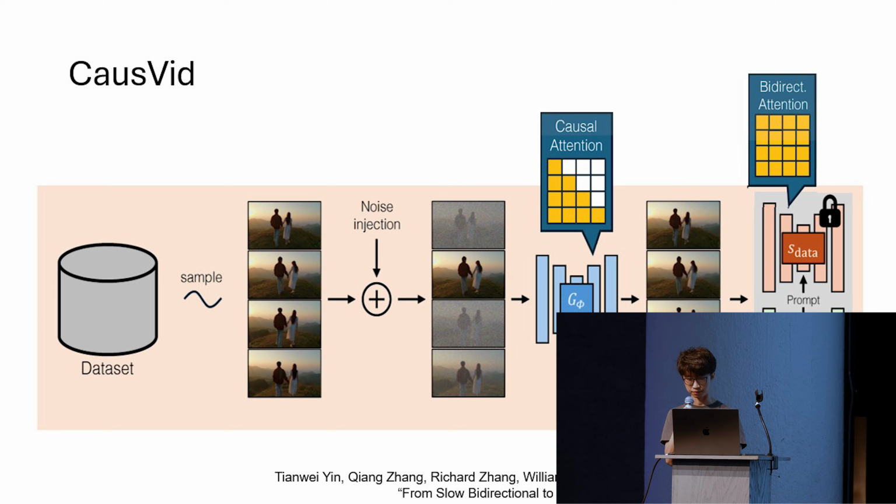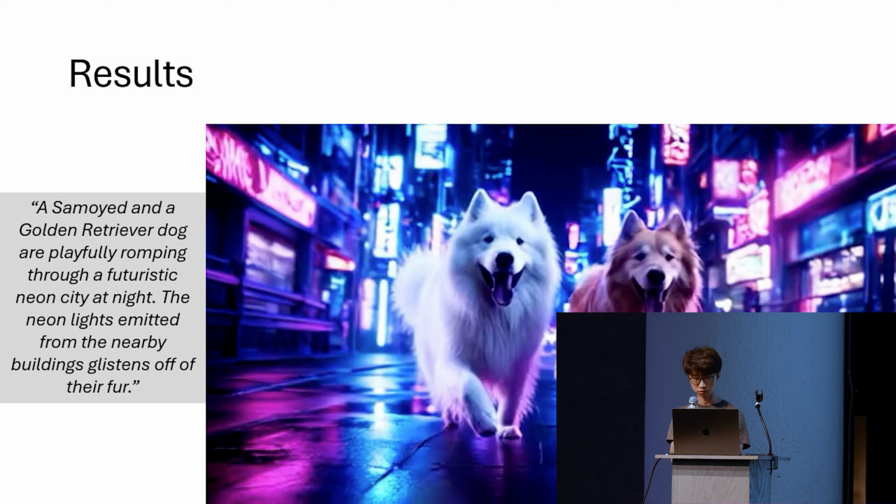You give this generated video to a teacher model, which is also initialized from the pre-trained video diffusion model. The teacher model does not have the causality constraint; it can have bidirectional attention. That's the DMD algorithm to distill this causal student into a few-step model. So let me show some results at this time.